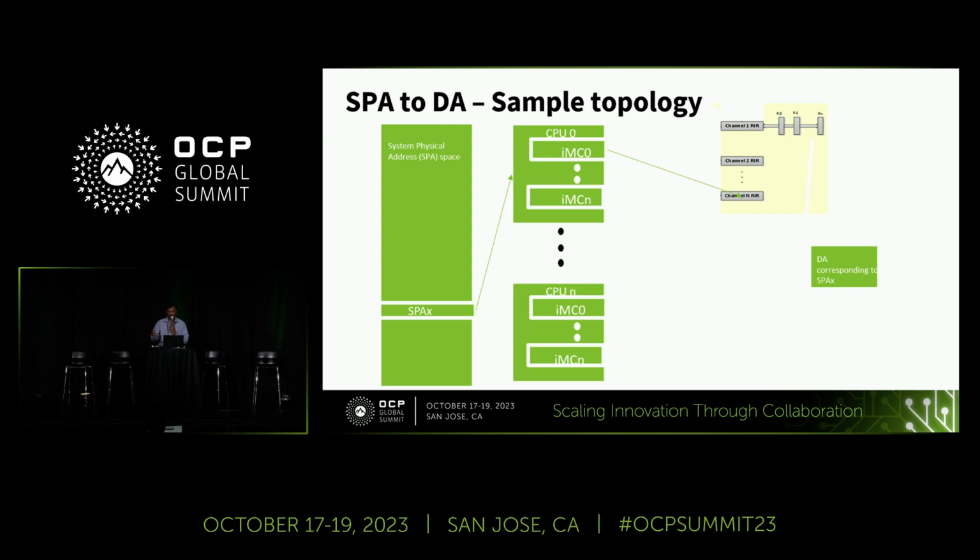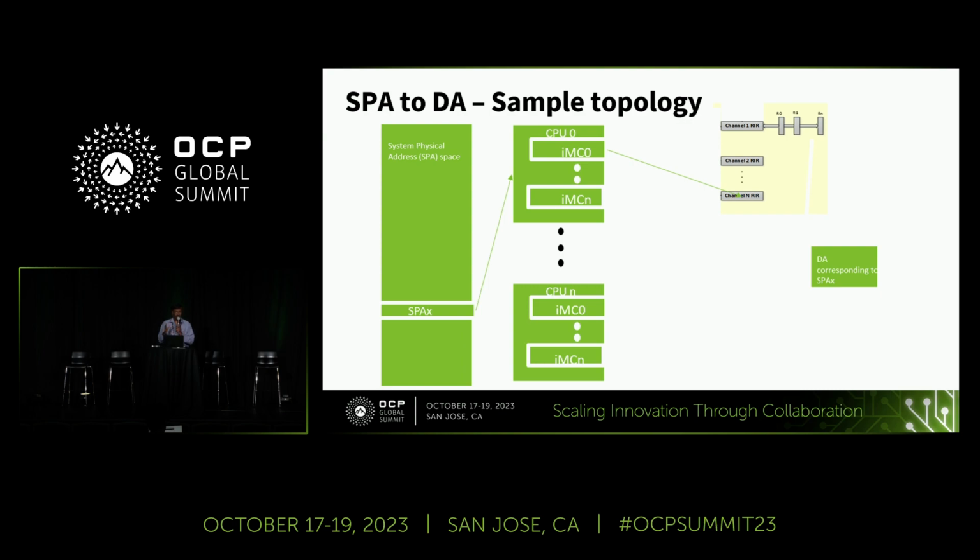If, let's say, SPA X is the address where an error happened, now I need to find out which CPU socket in a multi-socket system this address falls into, and from there, which IMC, which memory controller it falls into, and within the memory controller, which rank or which channel it falls into, right? So it's a pretty complex algorithm that we have to run.